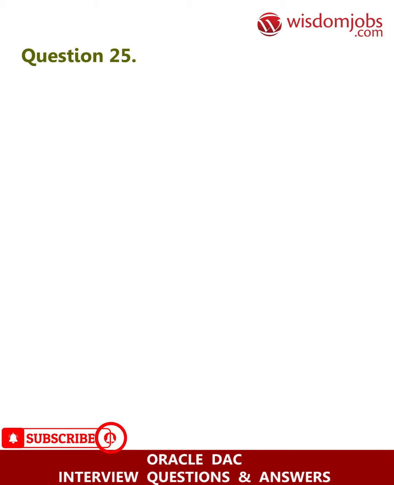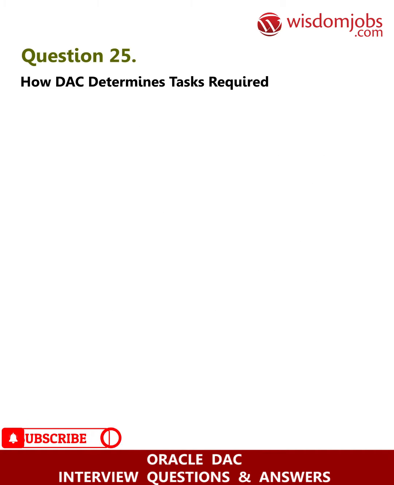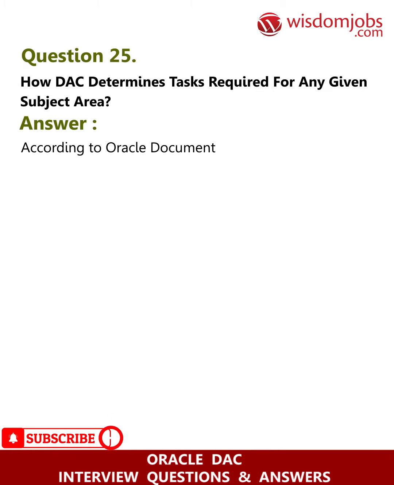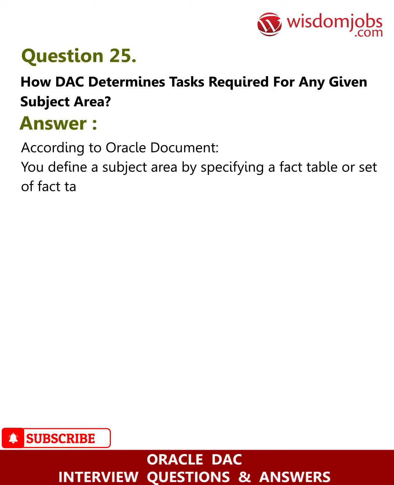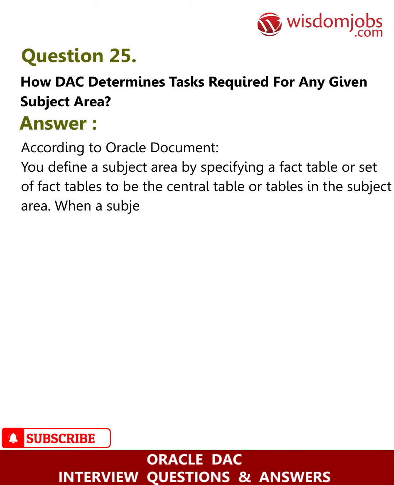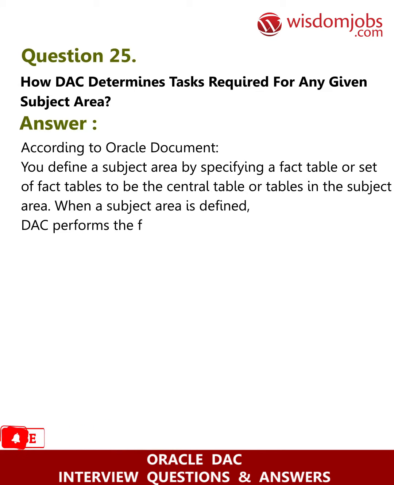Question 25. How does DAC determine tasks required for any given subject area? Answer. According to Oracle document, you define a subject area by specifying a fact table or set of fact tables to be the central table or tables in the subject area. When a subject area is defined, DAC performs the following process to determine the relevant tasks.